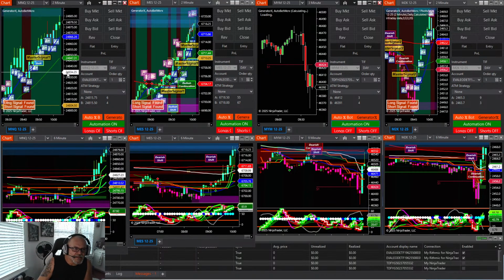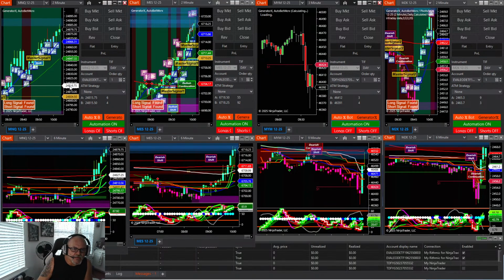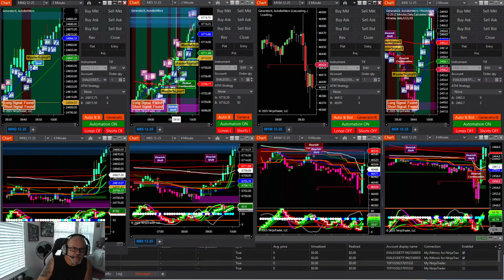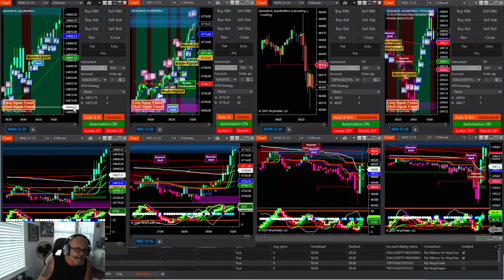ES is getting into a lot more liquidity up here. That's got us pretty well set up on the ES for a pullback, which again, we could pull back to this pivot point, which was that fair value gap that was made through the pivot point.